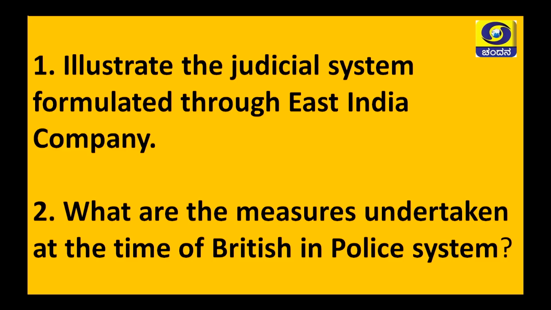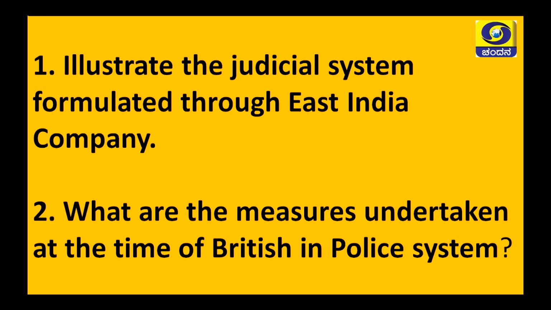The other was called the Fauzdari Adalat, the criminal court. Slowly, the British East India Company gradually introduced various laws to India and took India under their laws and administration system. That was about the first question.